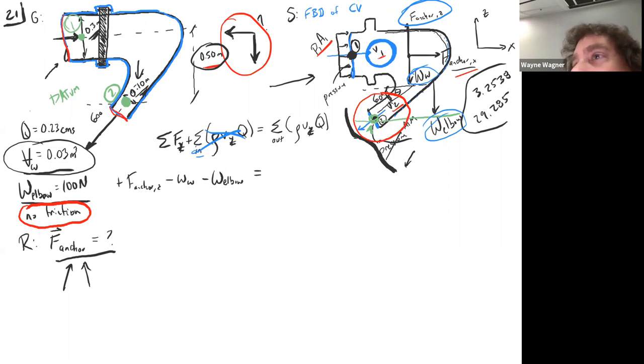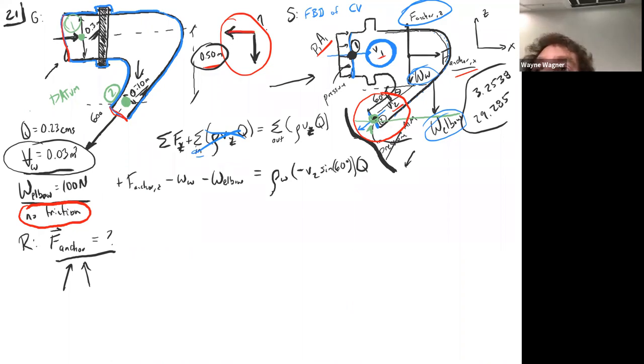It's only one of them, so it's going to be the rho of water times V2. This is a V in the Z direction, going downwards, so it's a negative V2, and it's going to be the sine of that 60 degrees. And then here's our Q. So I ended up being correct in the X direction.